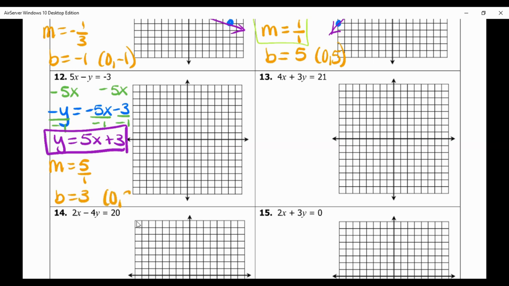So we're going to start at the point 0, 3 at the y-intercept, and then graph a line with a positive slope of 5/1. So move up 5 units to the right 1. From the y-intercept, we can also move down 5 units to the left 1.